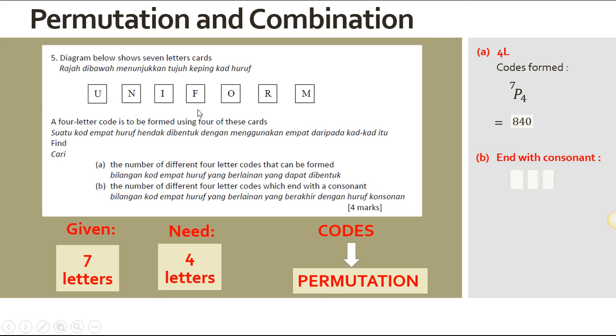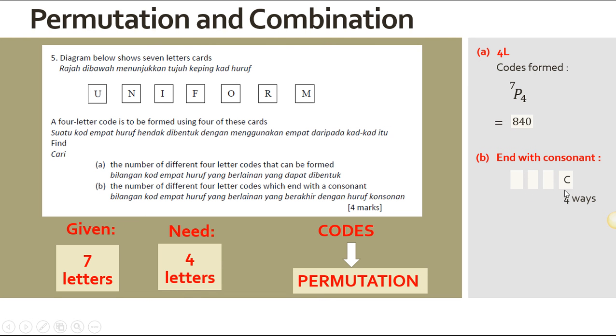There are 1, 2, 3 and 4 consonants. So the last letter is a consonant, and there will be 4 ways of putting a letter here. Now you have the remaining 3 places.